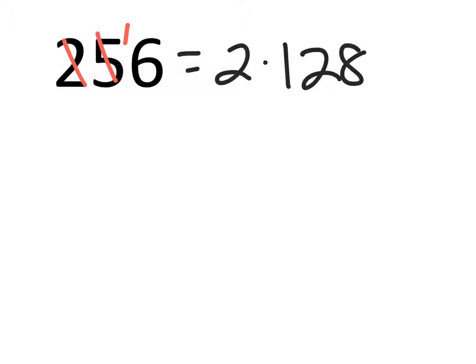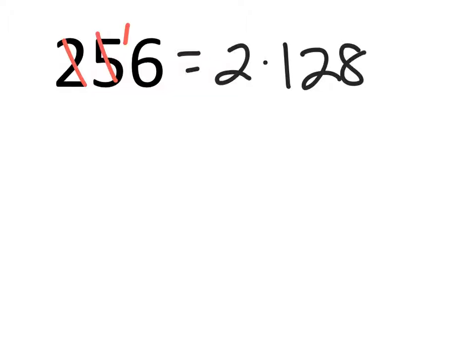All right, so for this, I'm going to take half. So I'm dividing it by 2. 2 goes into 2 once. 2 goes into 5 twice, with 1 left over. 2 goes into 16 8 times.